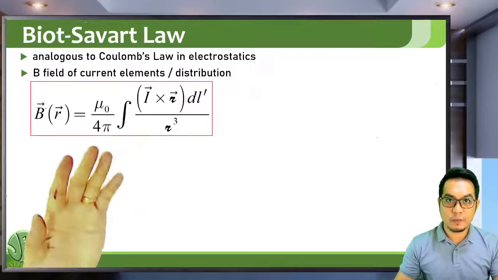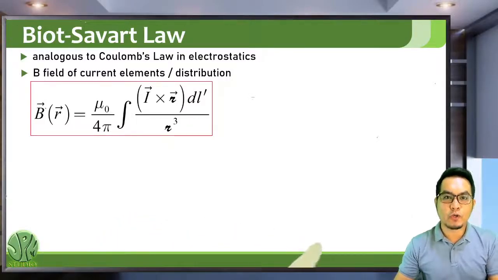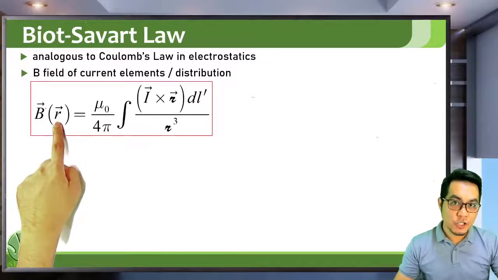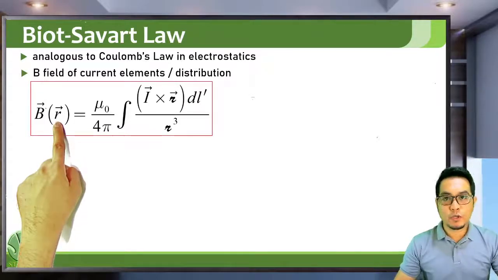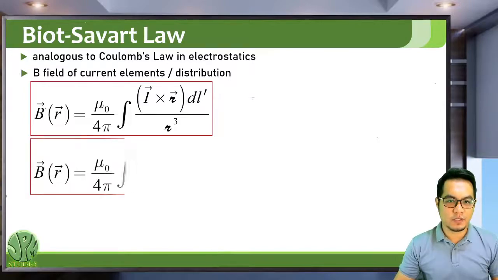So the separation distance between the source, the current element or the distribution, and the point where you want to find the magnetic field. So r here is the position of the point where you want to find the magnetic field. Usually we call that the field point. The prime coordinates here just refer to the source.